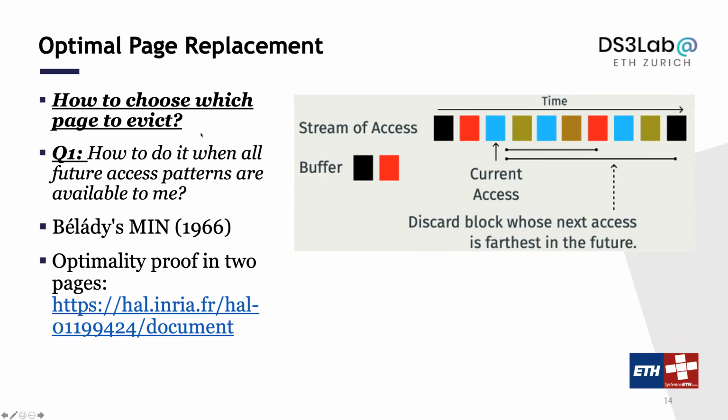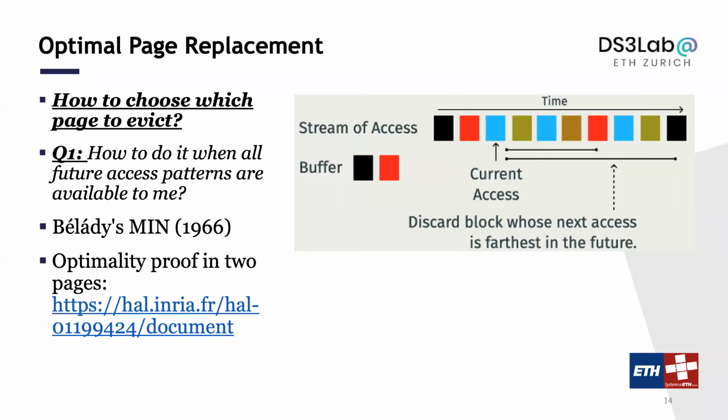And then assume that I'm here, in the blue page, and magically I know the future: I know which pages you are going to access and in which order. And assume in my current buffer I have the black page and red page, and you are actually requesting a third page, the blue one.